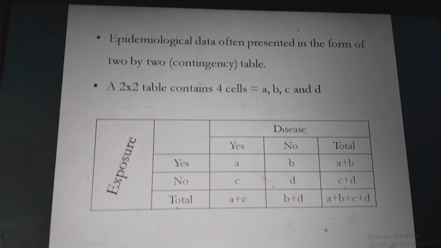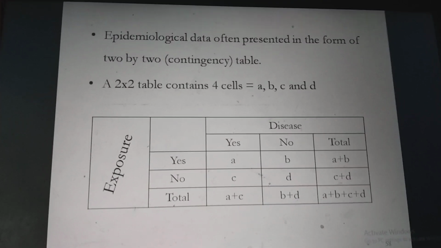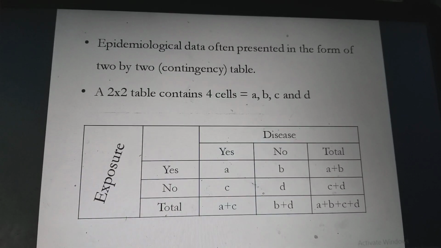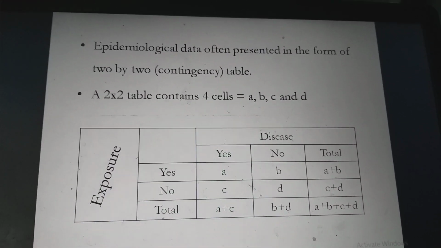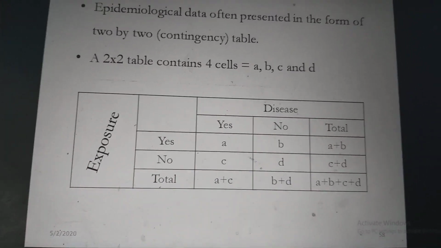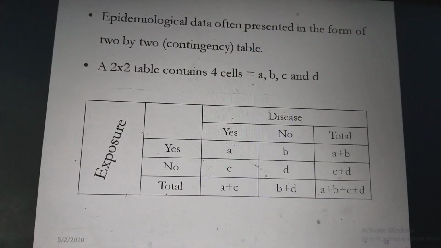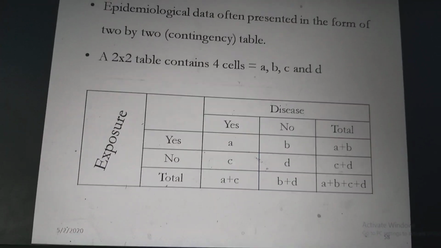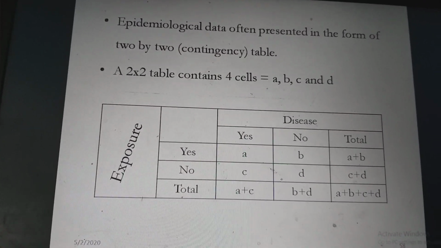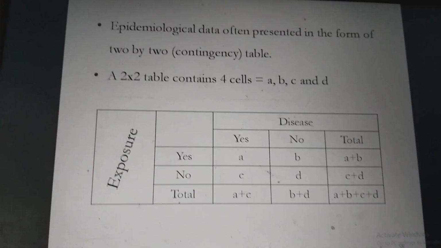When we develop or calculate an association, we base it on a table. This table is named a 2 by 2 table. On this 2 by 2 table, as you observe from the pictures or from your handout, there are exposed groups, yes and no rows.